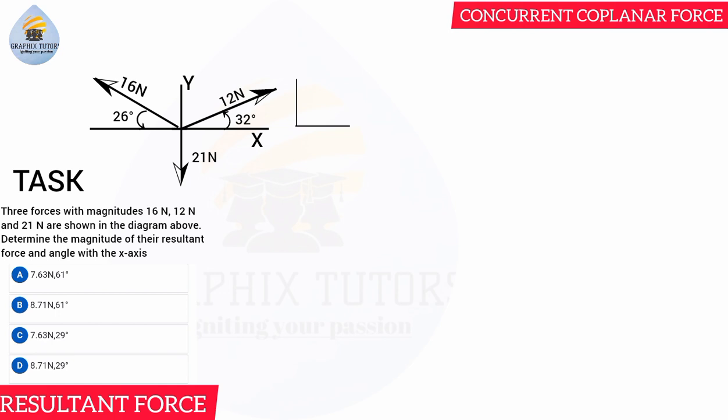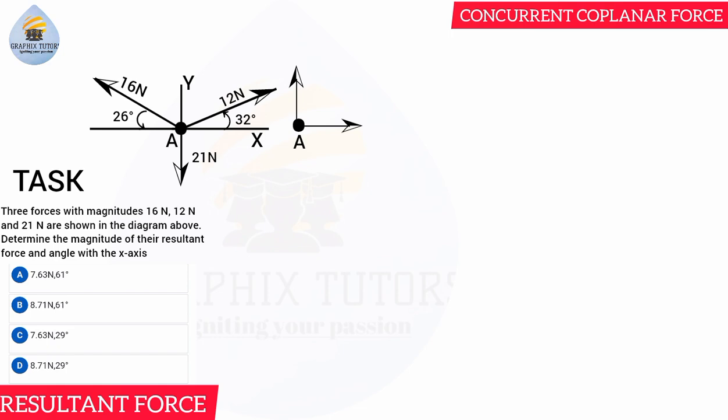Since the arrow from the 12 Newton is acting outward, the lines here will be acting outward. So I'll put my arrow here and my arrow here. This point here, let me call it point A, just for understanding purpose.